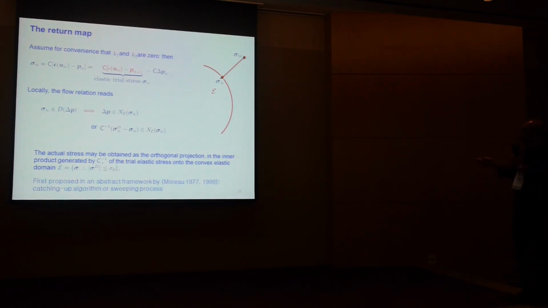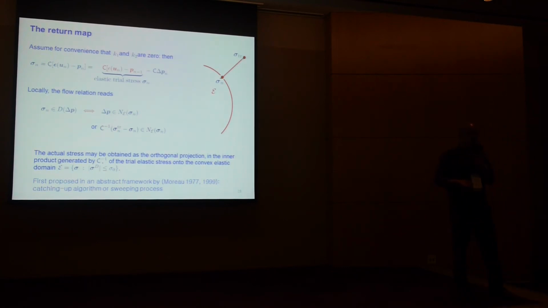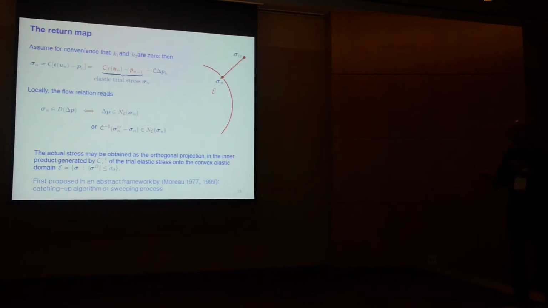And let's suppose that is somewhere up there, and here is my elastic region. Then what one can show is that my actual stress I can obtain simply by a closest point projection onto that region. And that is a very efficient and simple way of solving the problem computationally.